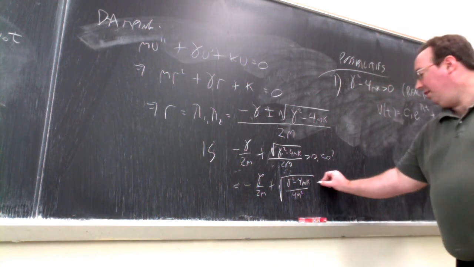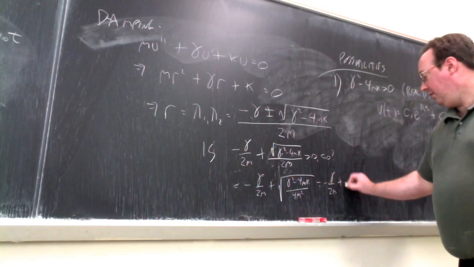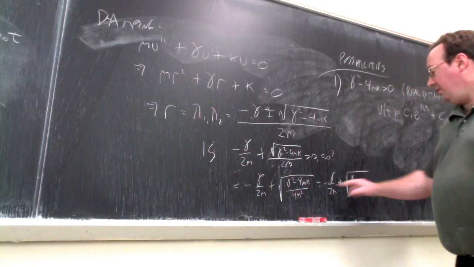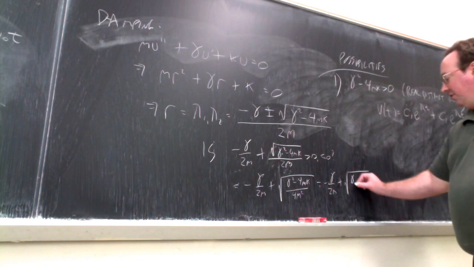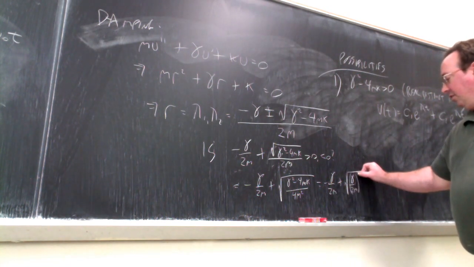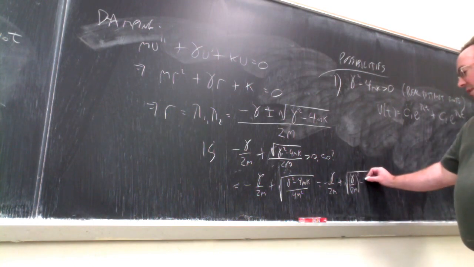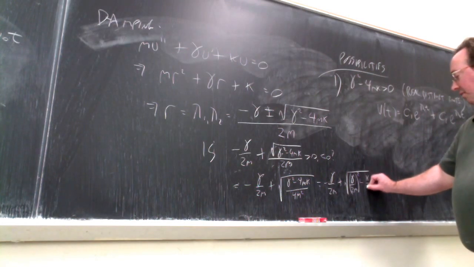And if I break this up, I have gamma squared over 4m squared, but that's the same as gamma over 2m quantity squared. And then what's left is I have minus k over m.